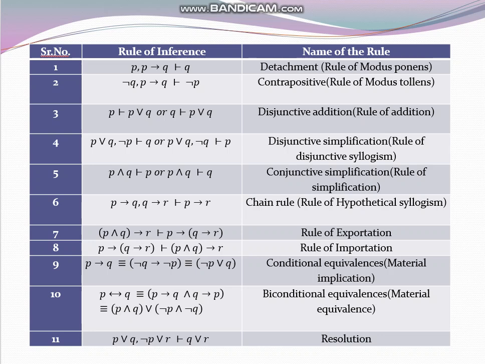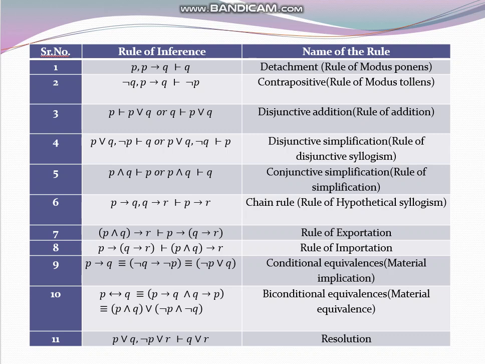The fourth one is P or Q, negation P. This is going to yield the conclusion Q. Since we have negation P and P or Q, we go to the conclusion Q, and it is the same as saying P or Q, negation Q will yield P. This is called disjunctive simplification or rule of disjunctive syllogism.